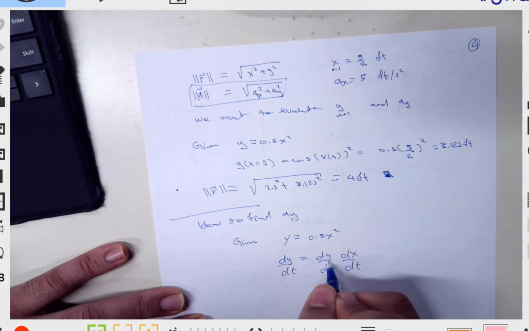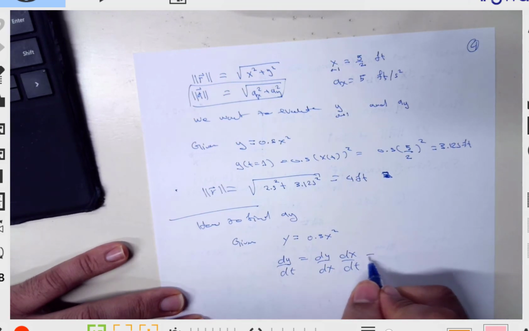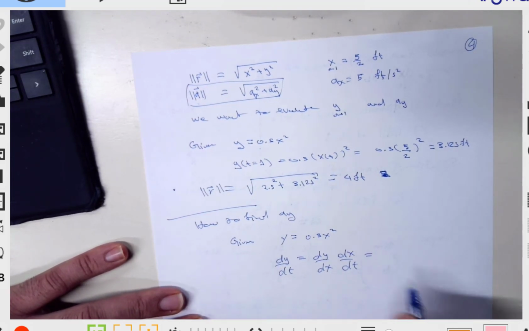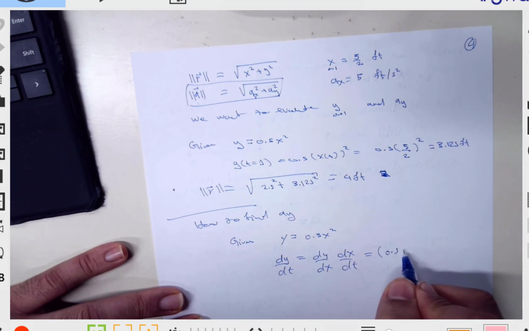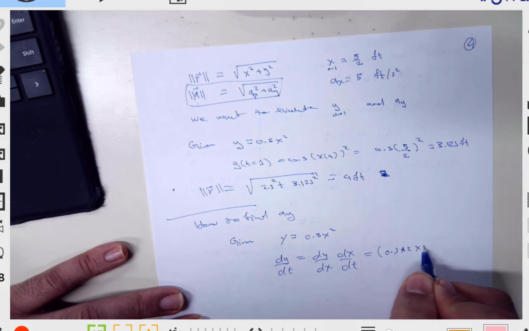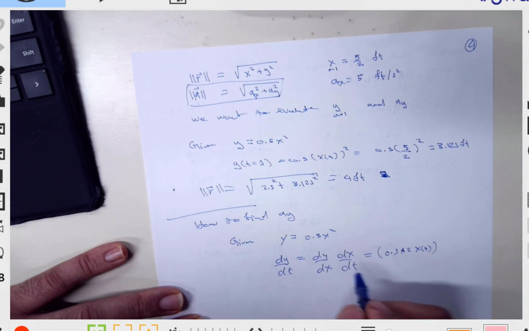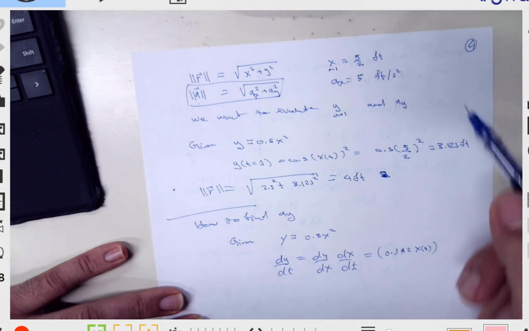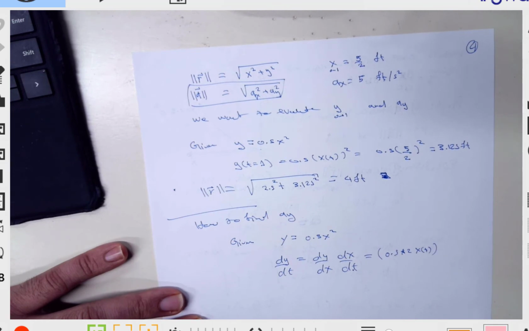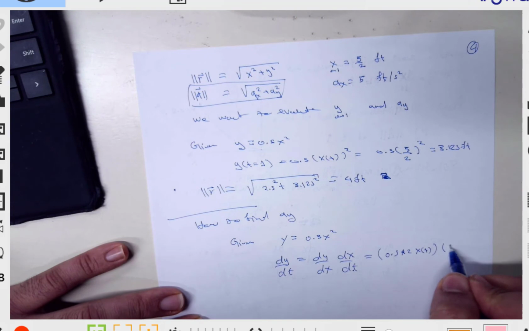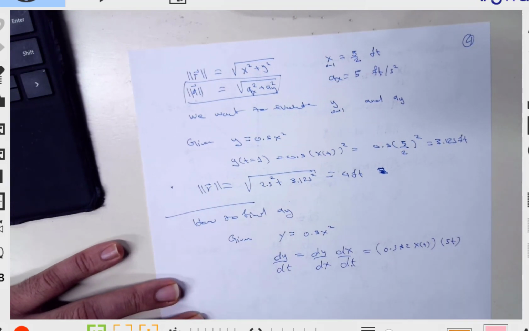We know this, we can calculate that: dy over dx is simply 0.5 multiplied by 2 multiplied by x of t, and dx over dt was given to us as v of x equal to 5t. So that's what's given to us.